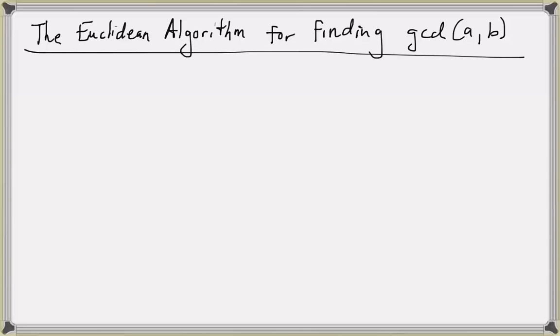So I'm going to show that the greatest common divisor of 482 and 1180 equals 2.